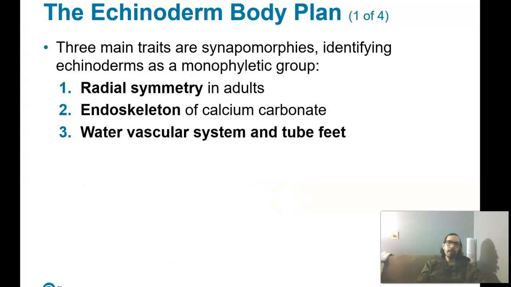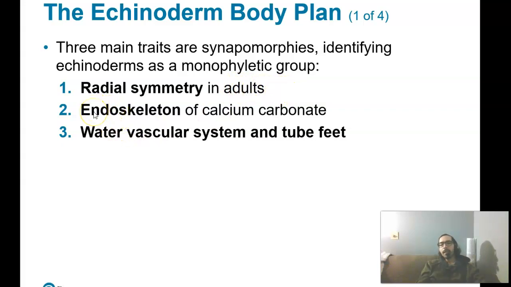The three main traits that identify echinoderms as a monophyletic group are radial symmetry in adults. Okay? And I say adults because in the larval form, they do have bilateral symmetry.